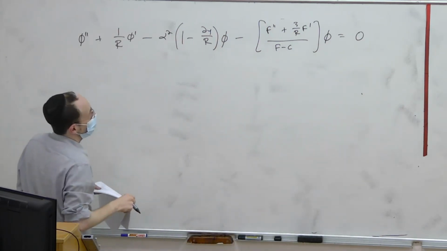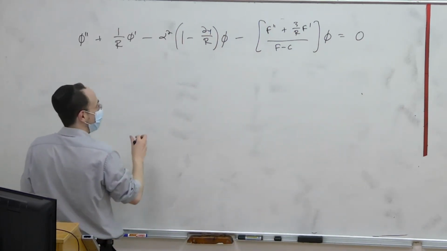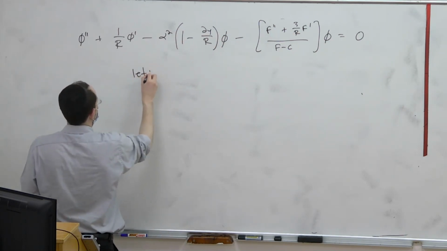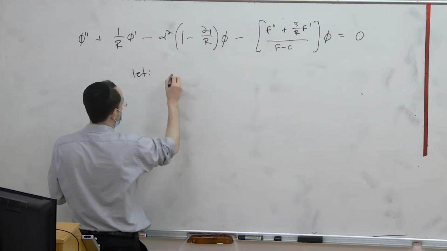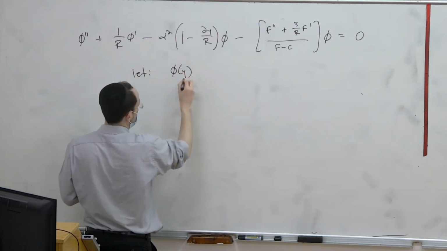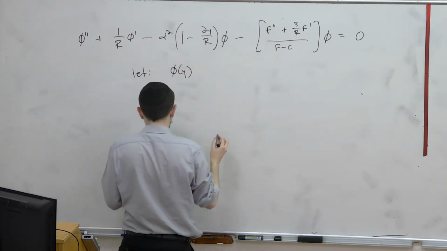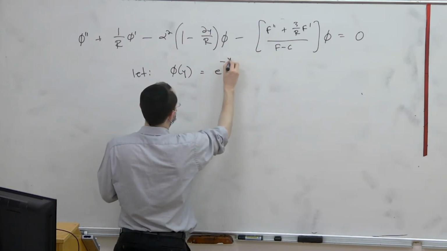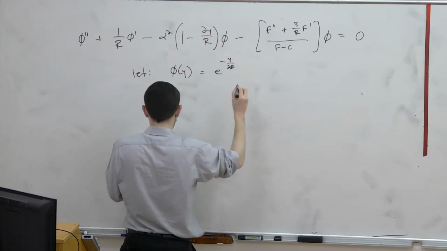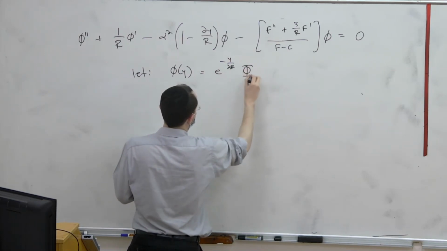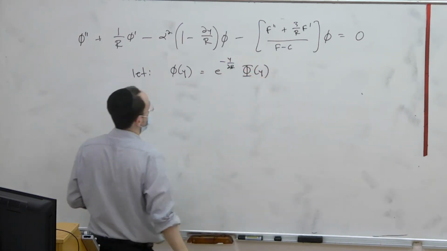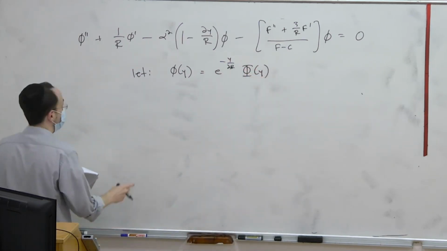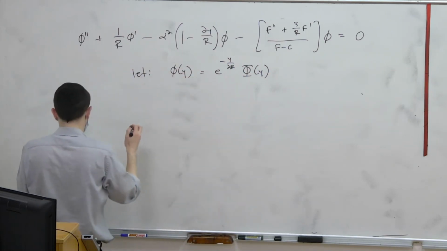And now we're going to do one more substitution to simplify the math just a bit more. This time we're going to assume that the mode shape function phi of y can be written as e to the negative y over 2r times a capital Phi of y. Just to make life even a bit easier, then I can simplify this more.